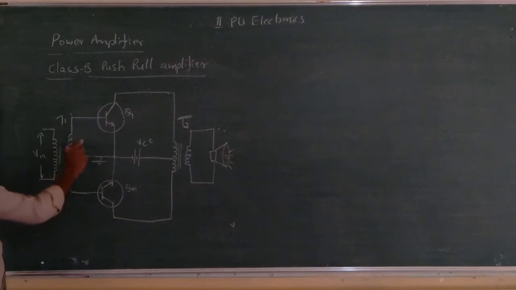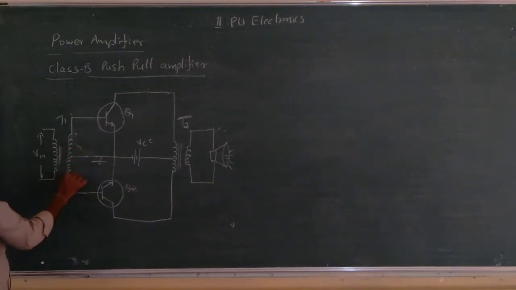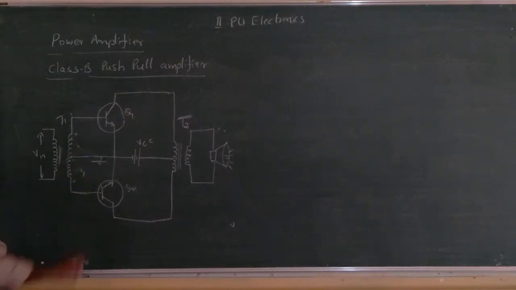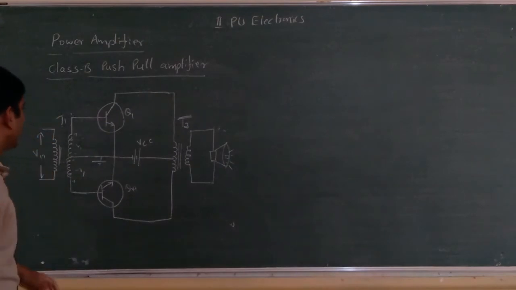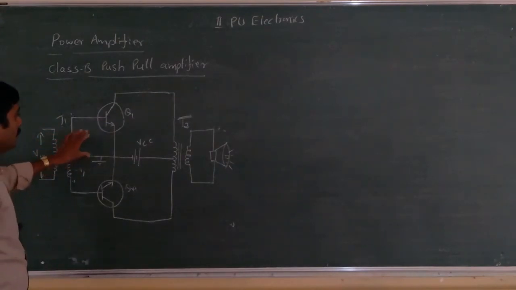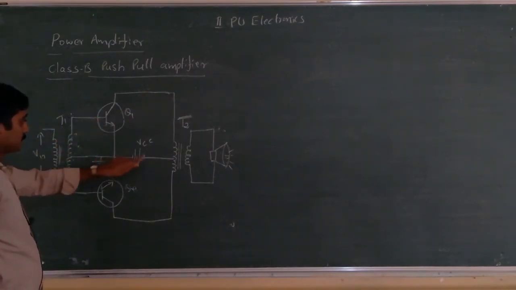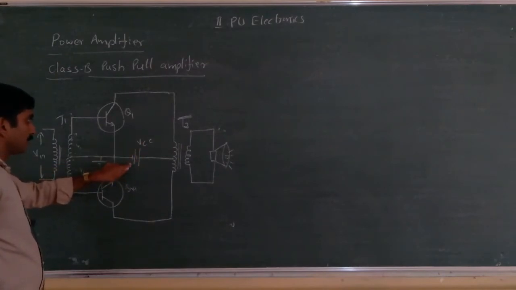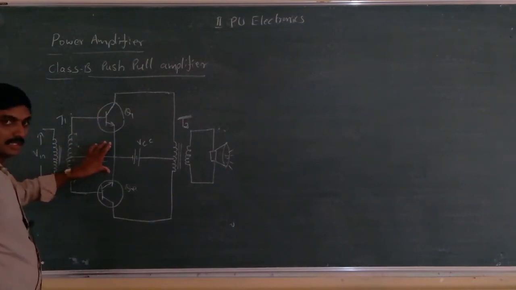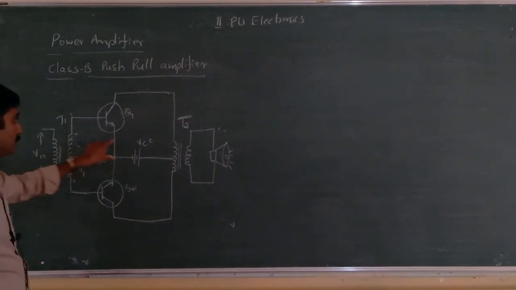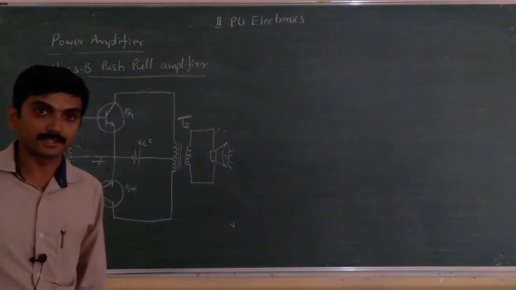There are two voltages generated at the secondary of transformer T1. See, equal and opposite voltages are generated here: this is plus V1 and this is minus V1. Now, this power supply is used to bias the emitter base junction, to bias the transistor at the cutoff region.